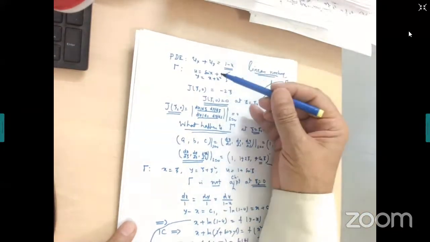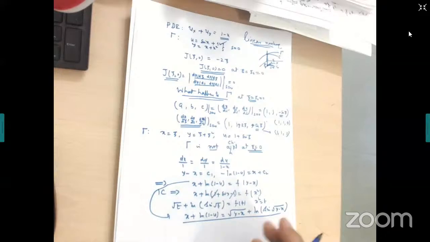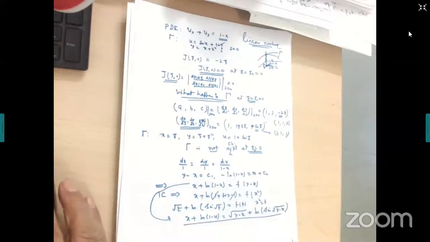Is that right? In applying the initial condition, it will be log of minus sin root t. But the logarithm of minus sin is not defined.